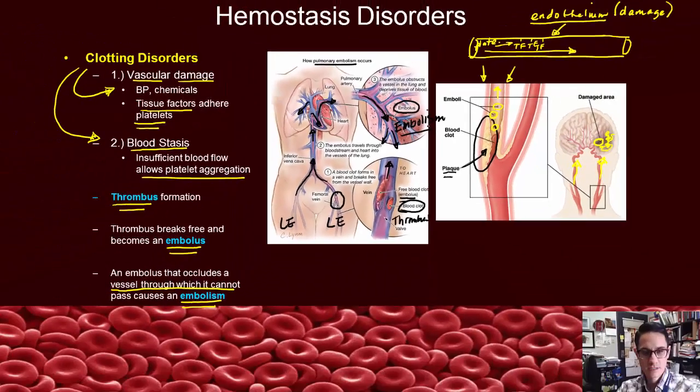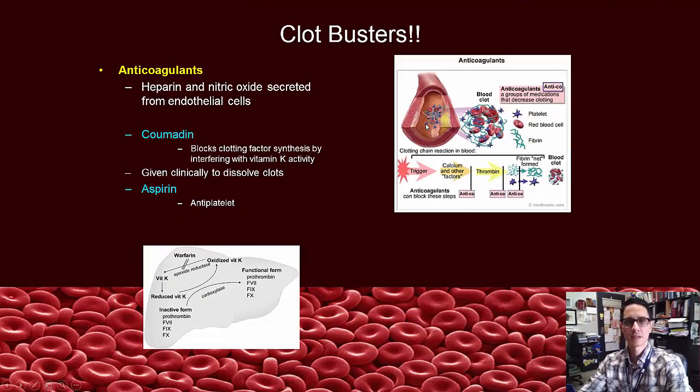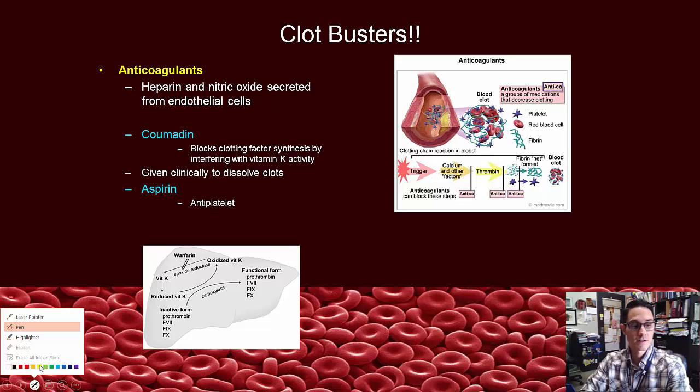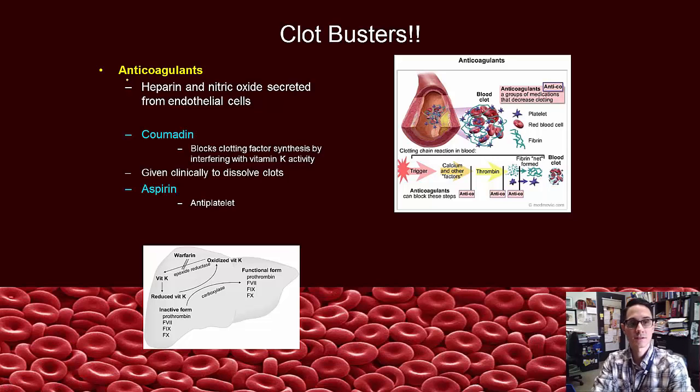All right, so let's move forward and talk about how we can deal with blood clots. As I mentioned, there are natural chemicals that are secreted from the endothelial cells in your blood vessels. These are anticoagulants. Nitric oxide, I mentioned, is a chemical that gets secreted, also a chemical called heparin.